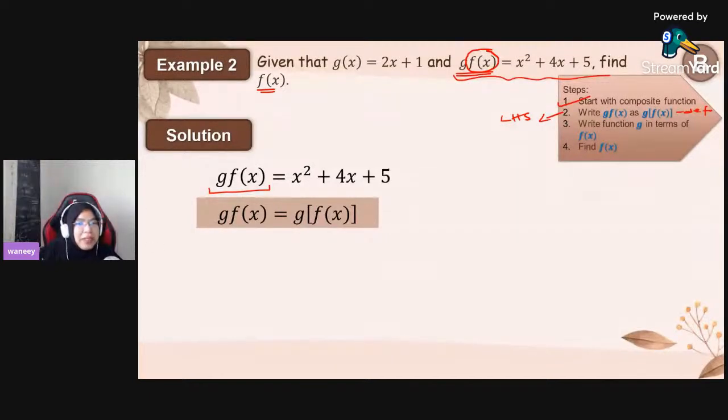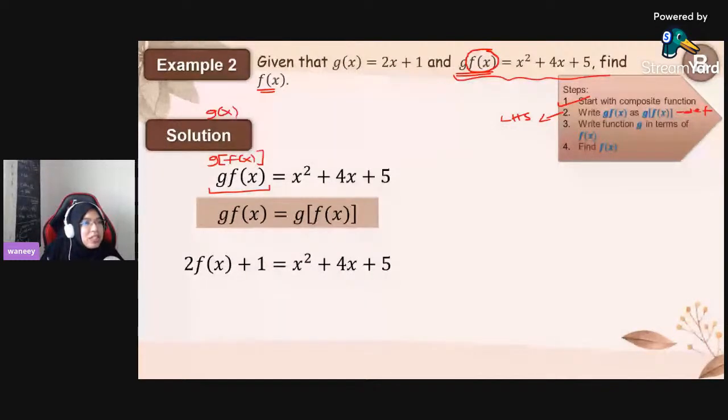Okay, what happened next is that we are going to write function g in terms of f(x). So what is your g(x)? Okay, g(x) is 2x plus 1. So that means if you have g of f(x), replace the x over here with f(x).